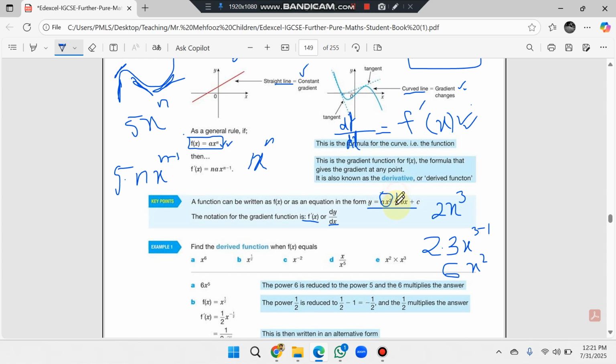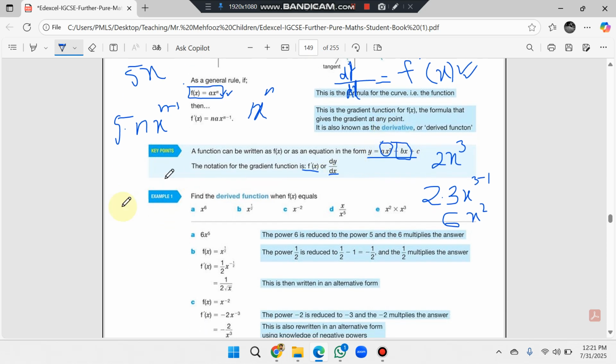If we have the term bx, what is the derivative? It means that now we have the power of x as 1, so we can write it as bx raised to the power 1. So its derivative becomes b, power goes to the start, 1, x raised to the power 1 minus 1.